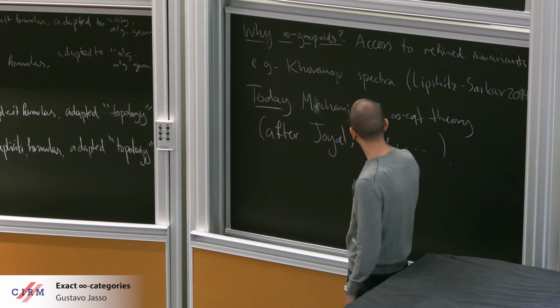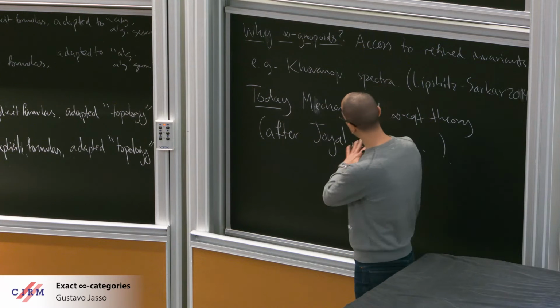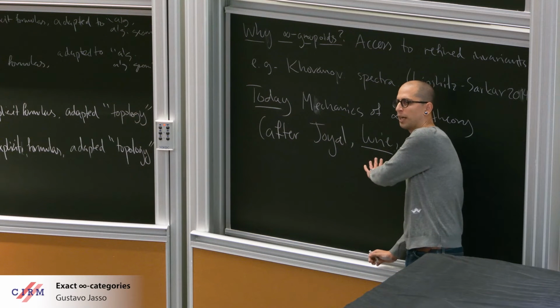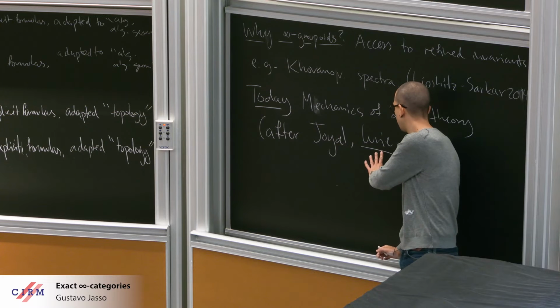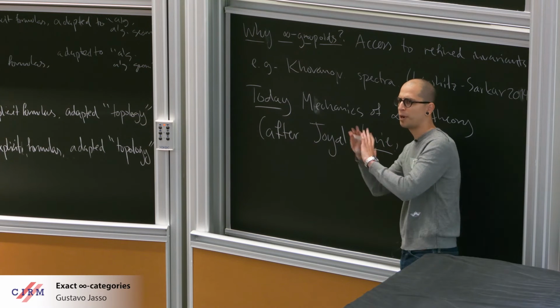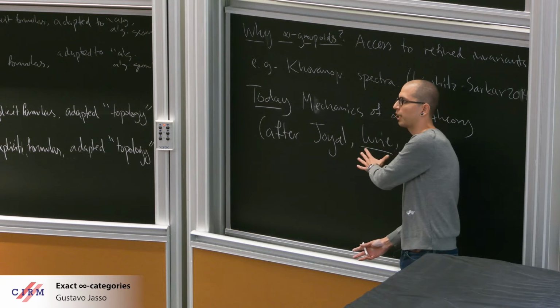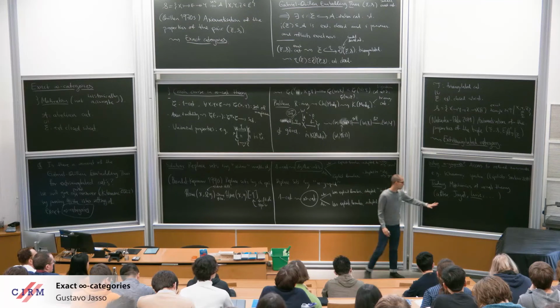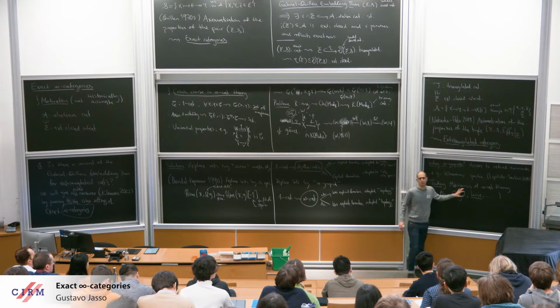For a while, if I state something without attribution, I mean to imply that it is either due to Jacob Lurie or is somehow part of his very large body of work on infinity category theory. In particular, it's not due to myself, although many things that appear in his book are also originally due to Joyal.